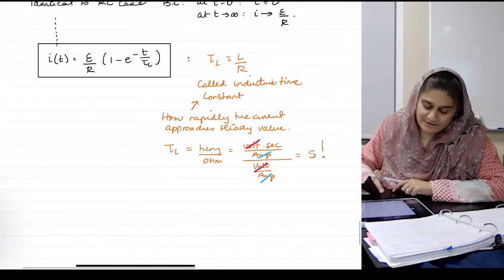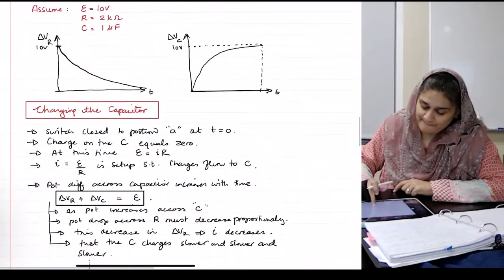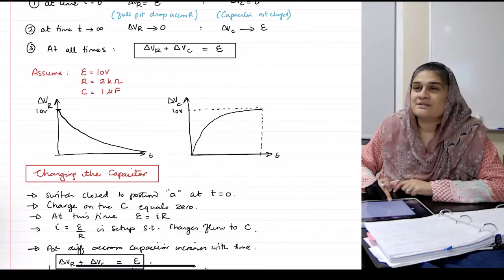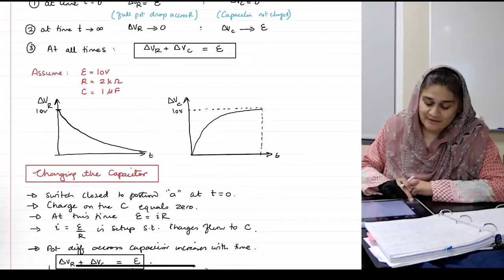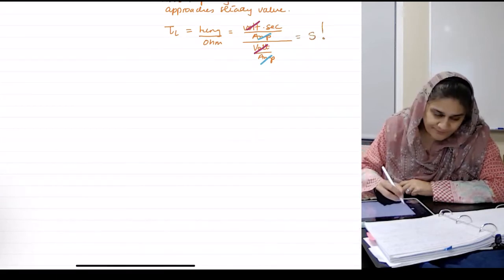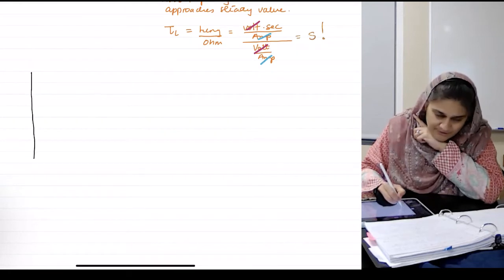Okay, and we did these graphs last time. For increasing and decreasing, we're going to do exactly the same graphs again, and they will look like this. VR, I'll do VR first.